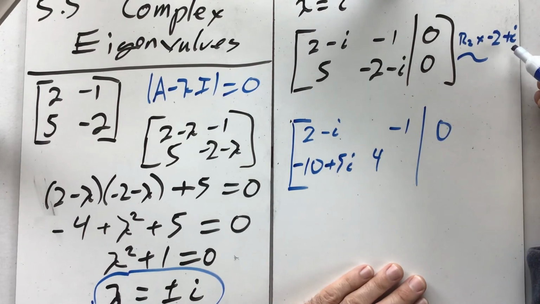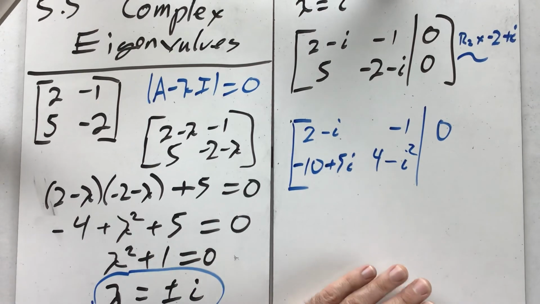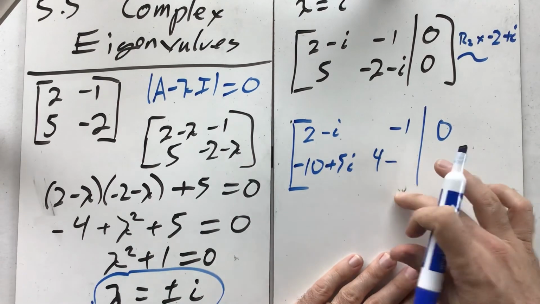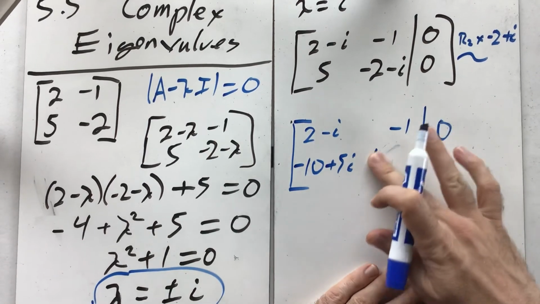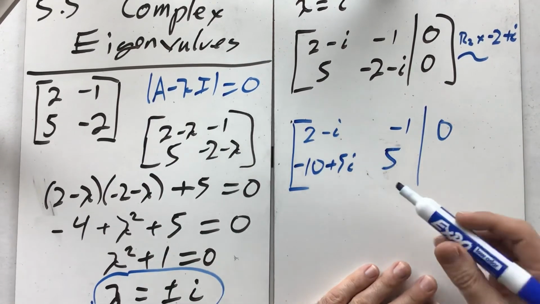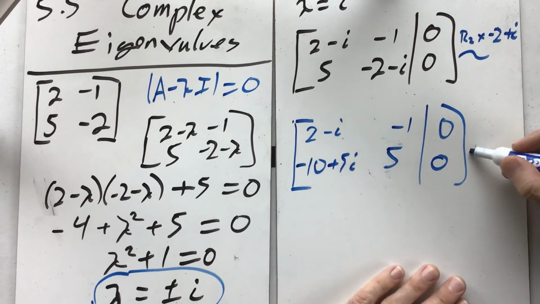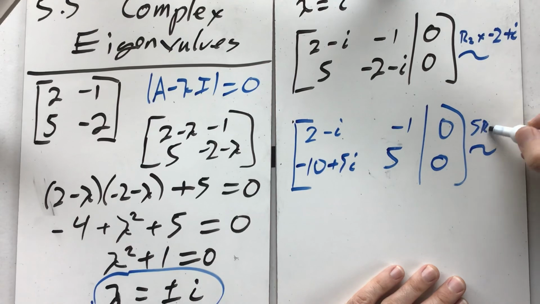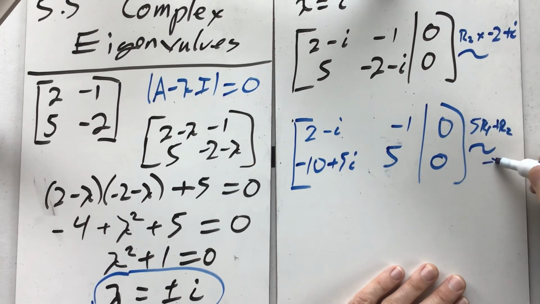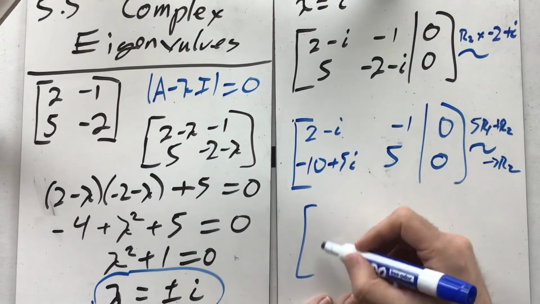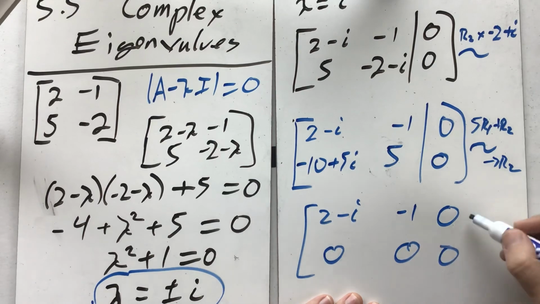And then we've got minus i squared, so negative 4 minus i squared. But of course, i squared is negative 1, so that's the same as negative 4 plus 1, which is the same as 5. Now if you look, you'll see this and this are the same. So all we have to do is take 5 times row 1 minus row 2, actually we're adding here, and put it into row 2. And that's going to give us 2 minus i, negative 1, 0, 0, 0, and 0.